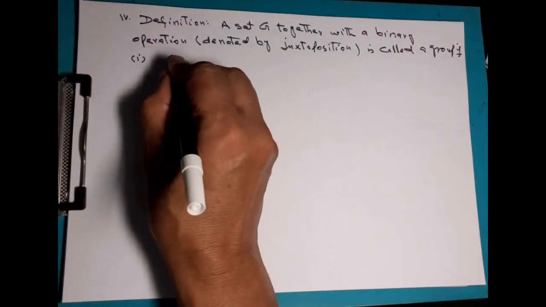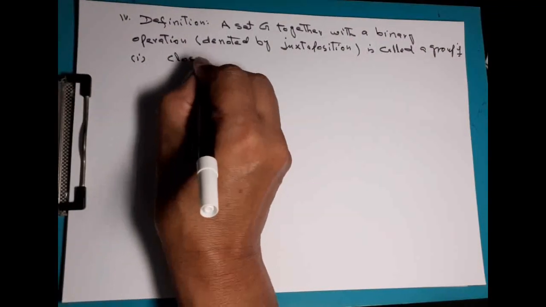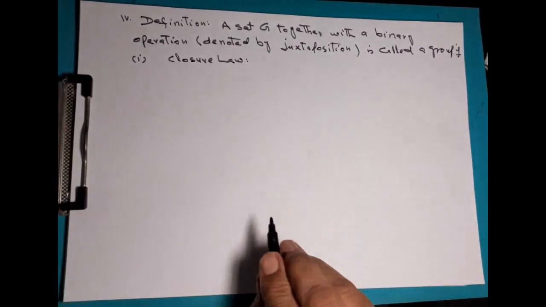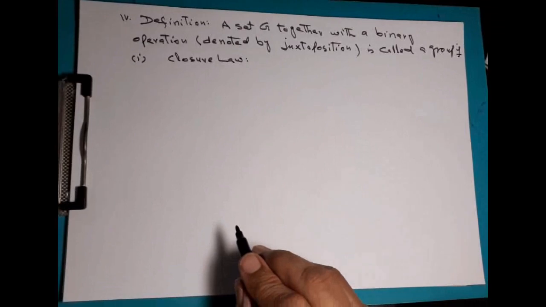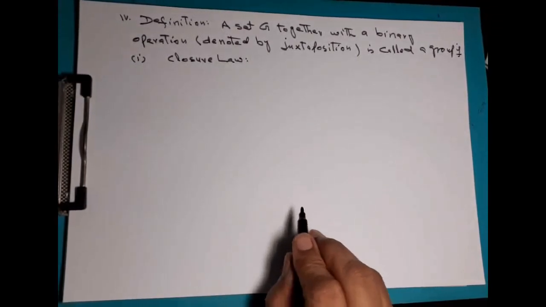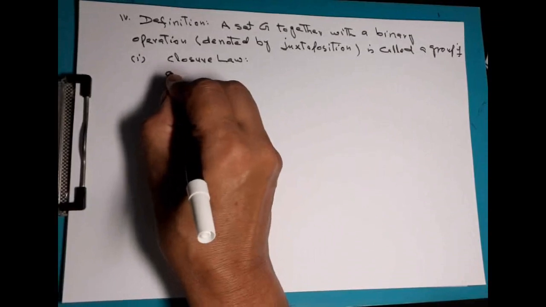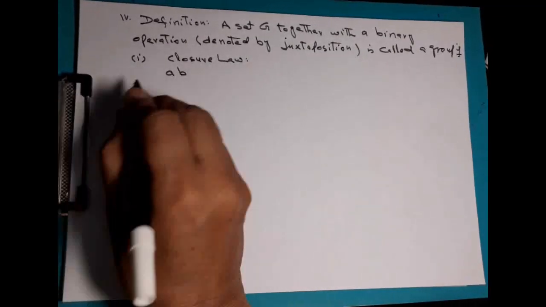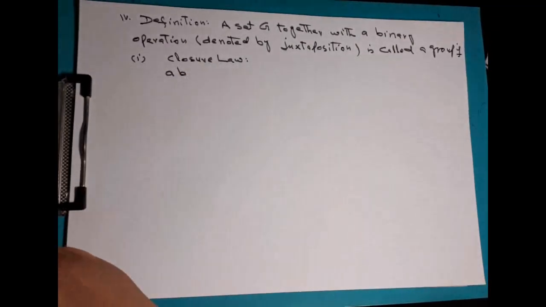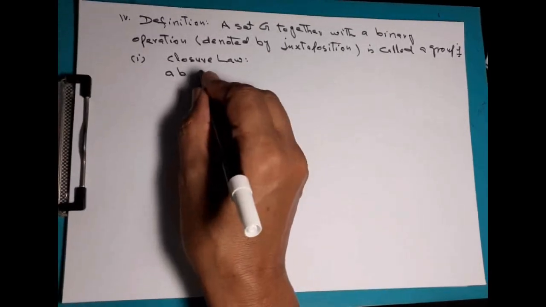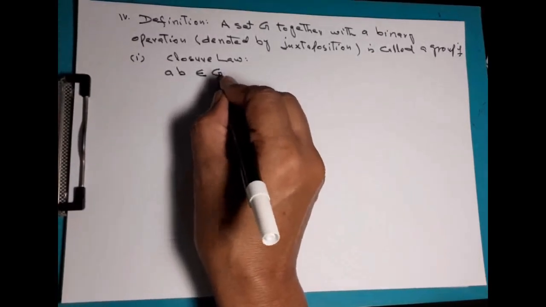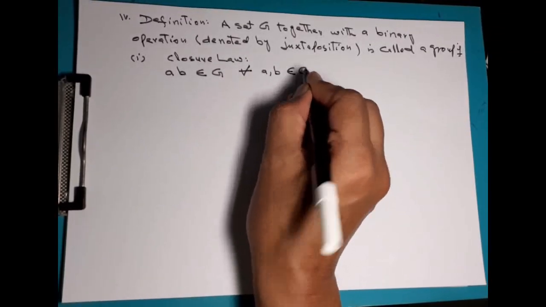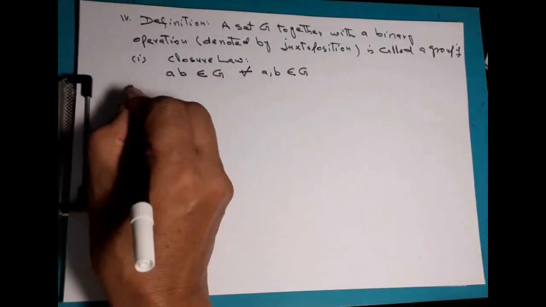So let me write it, closure law. We discussed it when we discussed binary operations in our previous session. So closure law means that if we take two elements of set G and we apply the binary operation, juxtaposition, we are not showing the symbol for that binary operation, so AB belongs to G for all A, B belonging to G. So G is closed under this binary operation.